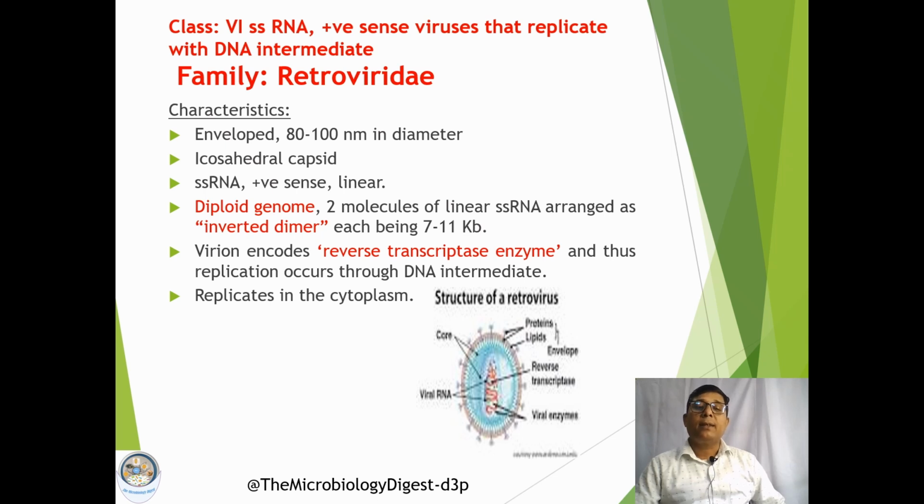These viruses have a diploid genome, meaning 2 molecules of linear single-stranded RNA arranged as an inverted dimer. This is the only diploid genome. The virus encodes the reverse transcriptase enzyme, and replicates through a DNA intermediate in the cytoplasm.